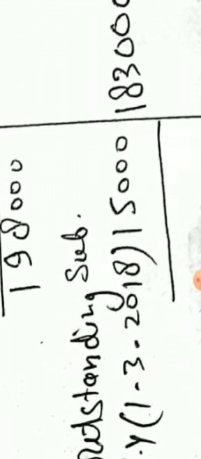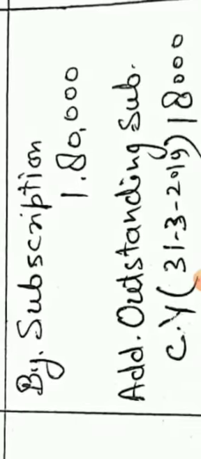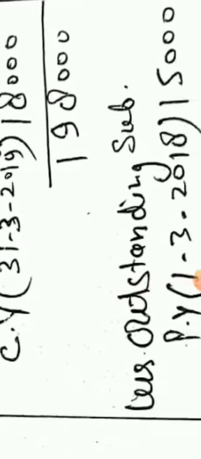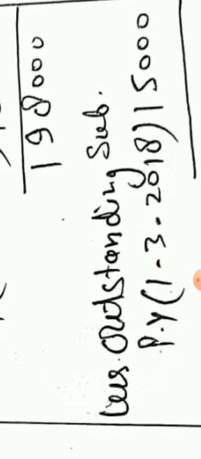This is the process for solving this income and expenditure account. First we are showing by subscription 1,80,000, then add outstanding subscription current year 18,000, then less outstanding subscription previous year 15,000, and so the amount outside is 1,83,000.